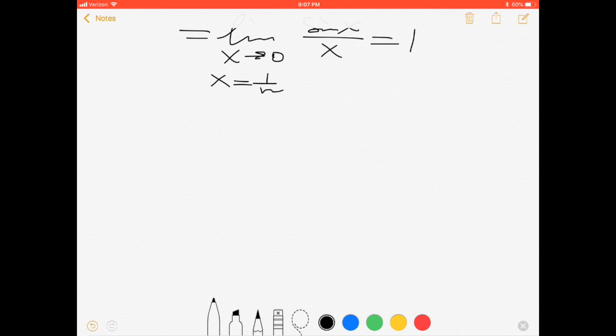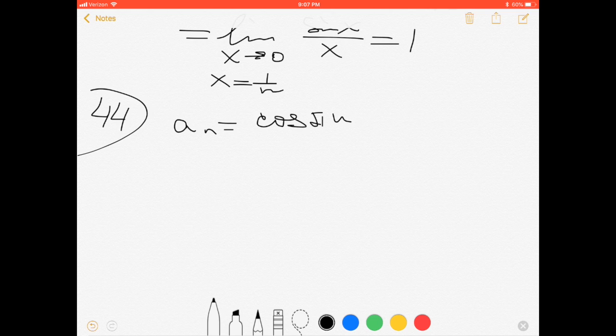I think the last question about limits is number 44. We have the sequence a_n equal to cosine of pi n over n squared. What is interesting in this example?